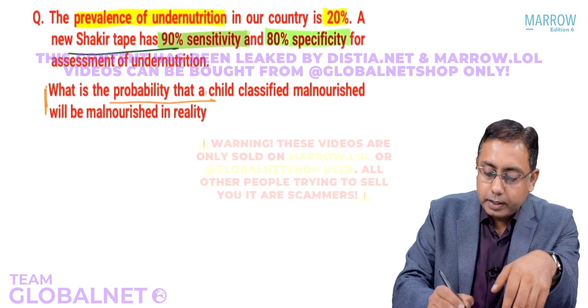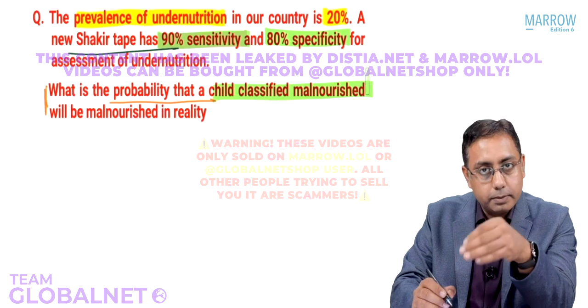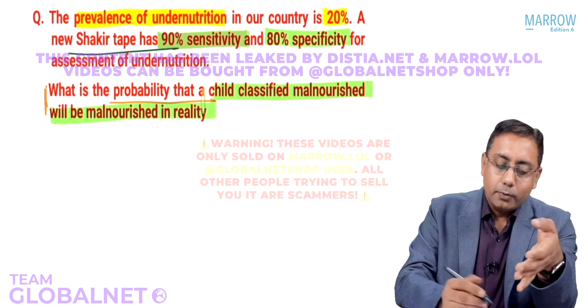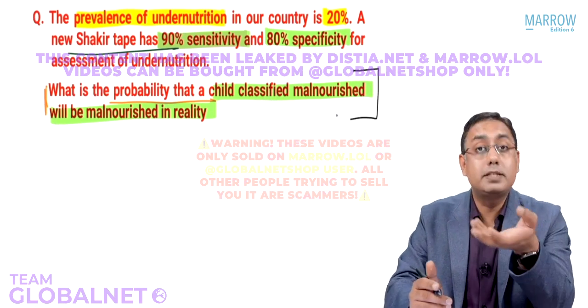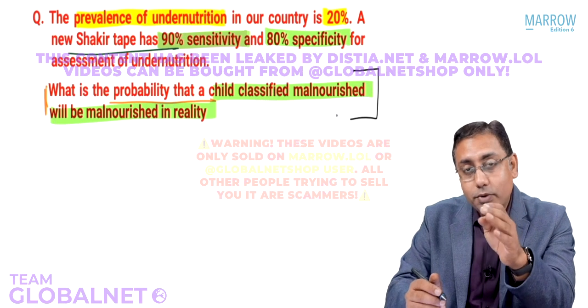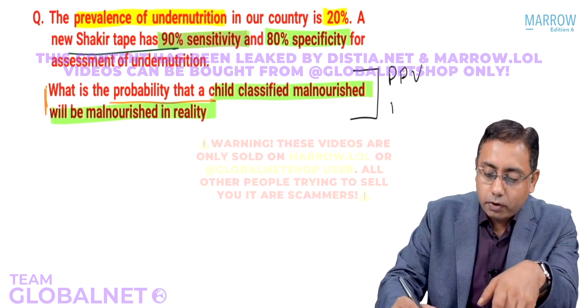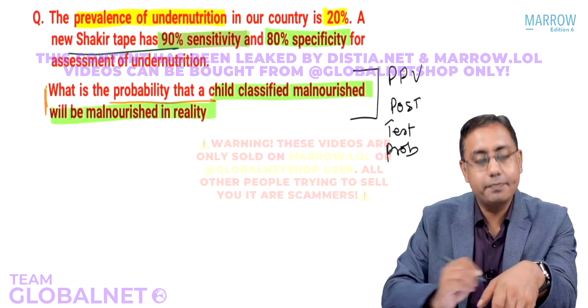What is the probability that a child classified malnourished, that is tested positive, will in reality be malnourished? What is the probability of having disease if the test is positive? In simple words, what are you going to calculate? This question says you should calculate the positive predictive value, or post-test probability.